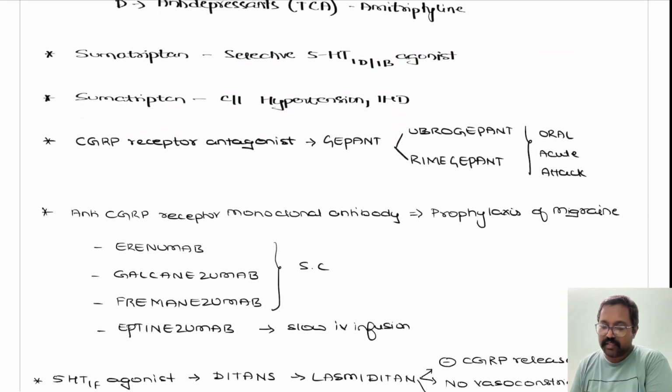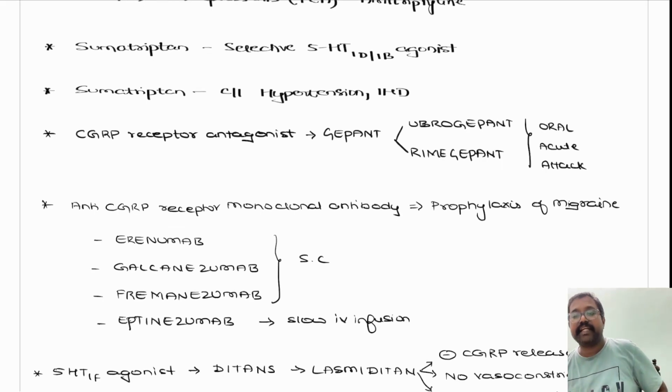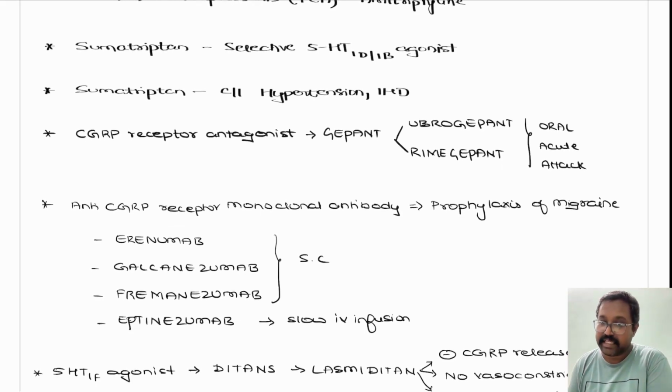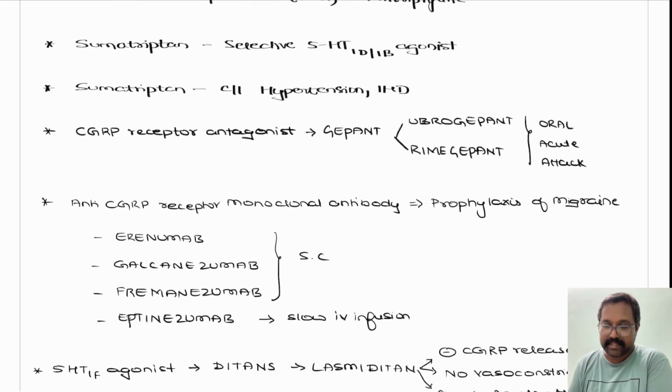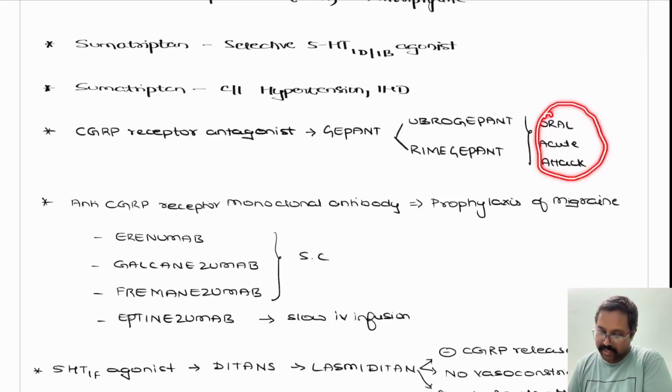One of the newer agents for migraine is the calcitonin gene related peptide receptor antagonist. Here you have the gepants, that is ubrogepant and rimegepant. Basically they are used for oral treatment of acute attack.